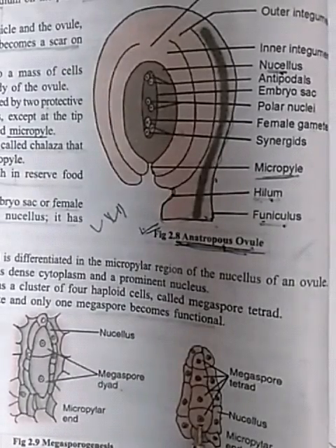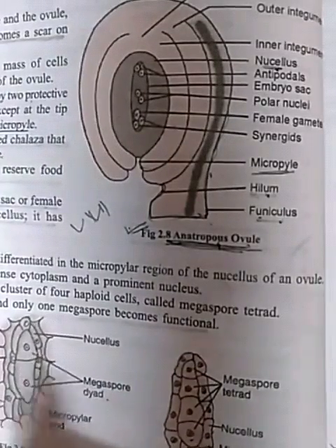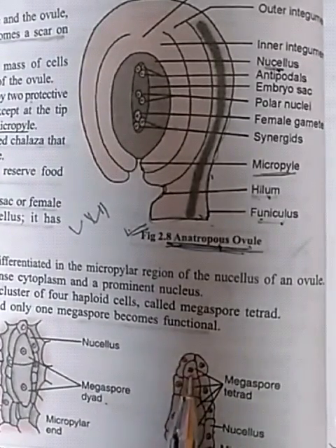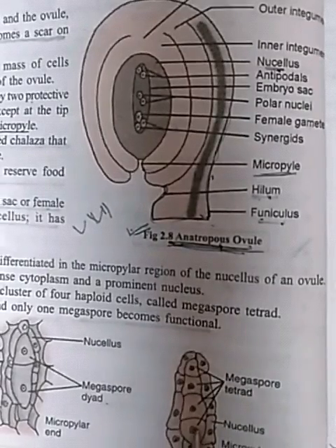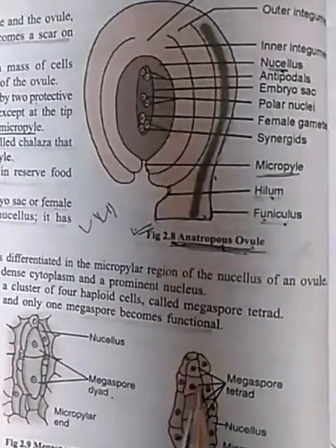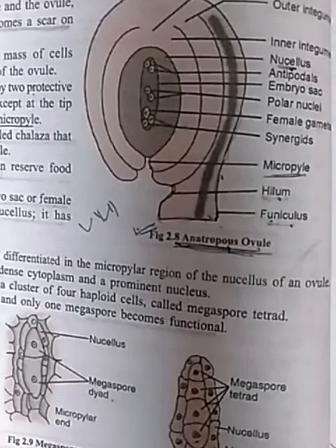The megaspore diad again completes the second meiotic cell division, as a result of which the megaspore tetrad is formed. Just see. Let us see how the development of the female gametophyte now starts.